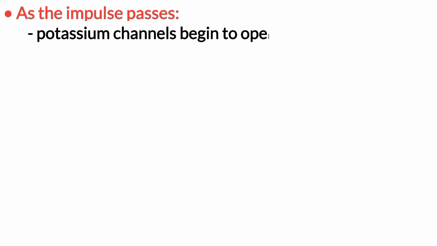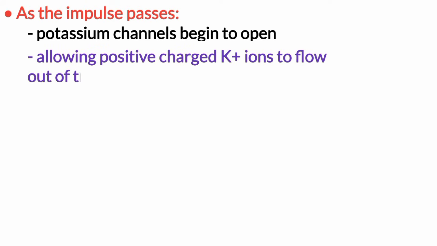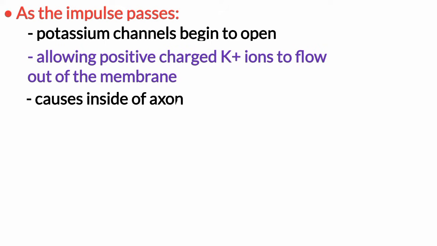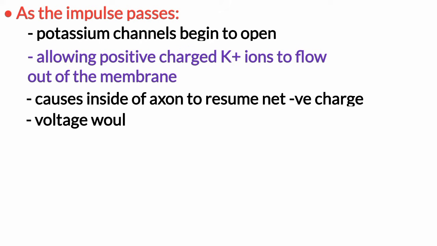enter in. As the impulse passes, the potassium channels begin to open, allowing positively charged potassium ions to flow out of the membrane, which causes the inside of the axon to resume a net negative charge. At this point, the voltage would fall.